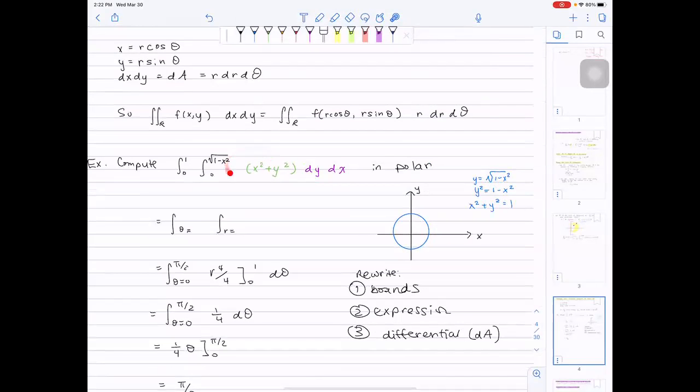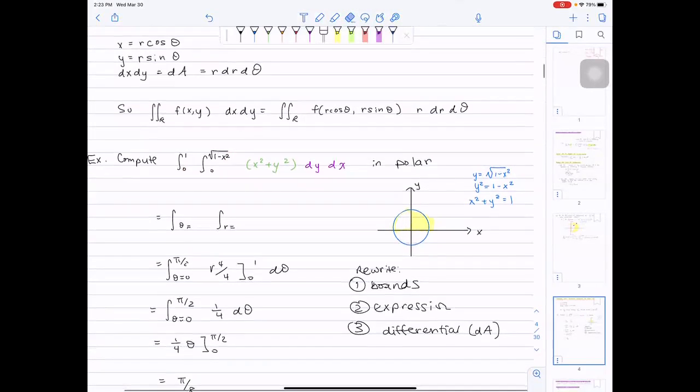First we want to draw what this is in our regular coordinates. x squared plus y squared is our circle. Our bounds are y going from 0 to this upper circle part, so we have this top part, and x is going from 0 to 1. So we don't have this left-hand part; just the highlighted part is our current region.